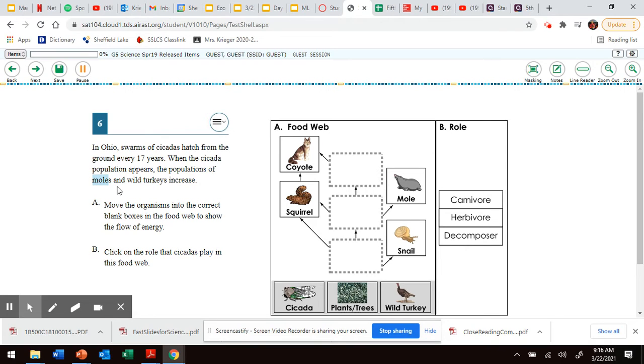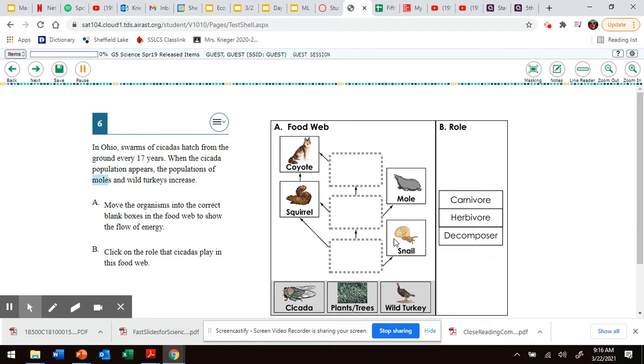So when we have cicadas, moles and turkeys increase. So it's telling you to do 2 things. Move the organisms into the correct blank boxes in the food web to show this current flow of energy. And then part B is asking the role that cicadas play in this food web. Is it a carnivore, herbivore, or decomposer?